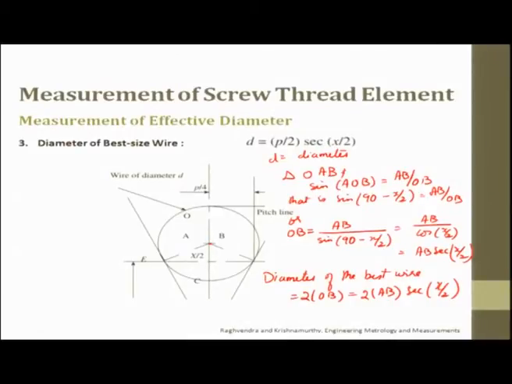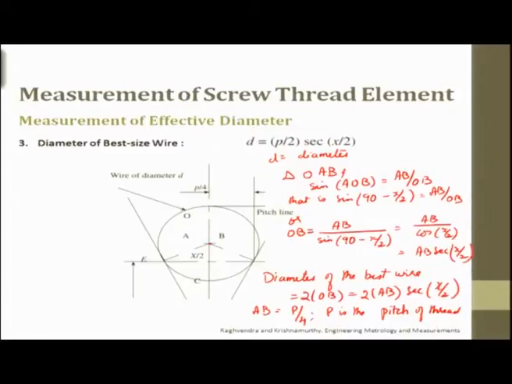So, AB is nothing but P by 4, where P is the pitch of the thread.